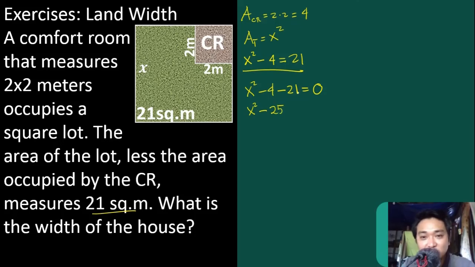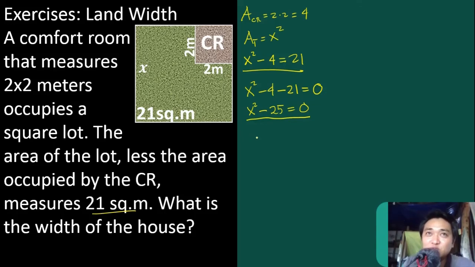Combine 4 and 21 and copy their common sign, which is negative. That is equivalent to 0. Again, naku, napaka-familiar na sa atin nung expression, x squared minus 25. So what is that? It pertains to the difference of two squares.